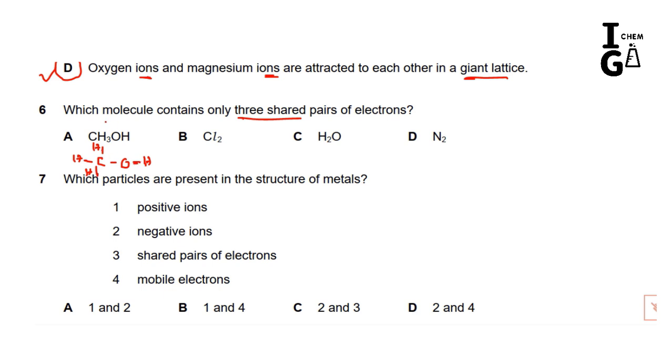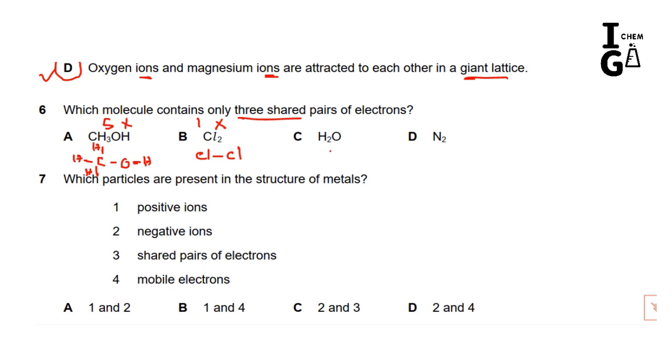So here actually we have 5. So this is not correct. Second one, Cl2. Actually, guys, Cl2 molecule contains Cl atom bonded to another Cl atom by a single bond. So this is only 1. So this is also not correct.